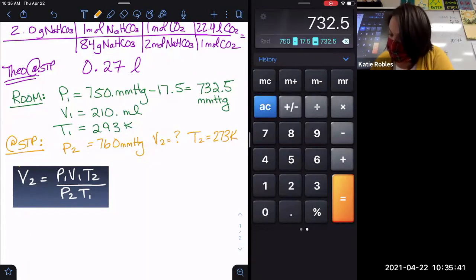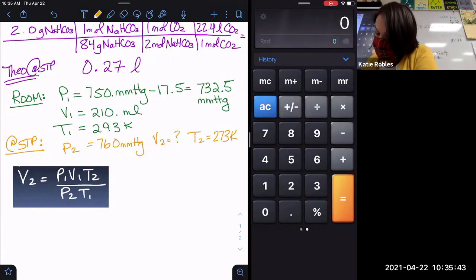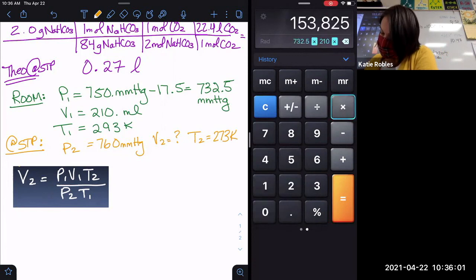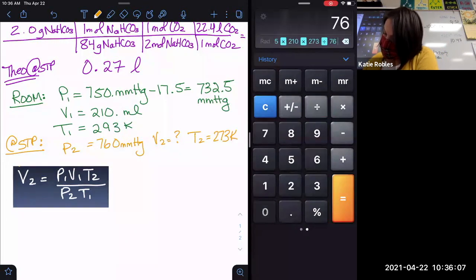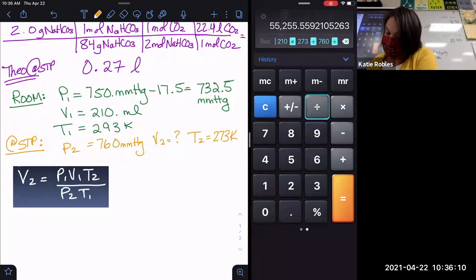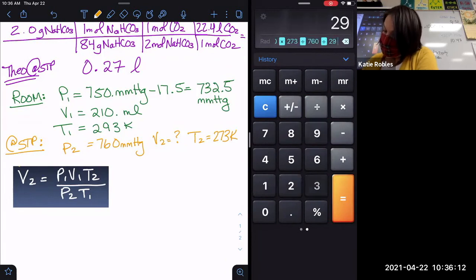So when I plug this in to find V2, I find 750. Oh, sorry. I made my own mistake here. Don't forget to use 732.5 times 210 times 273 divided by 760 divided by 293.